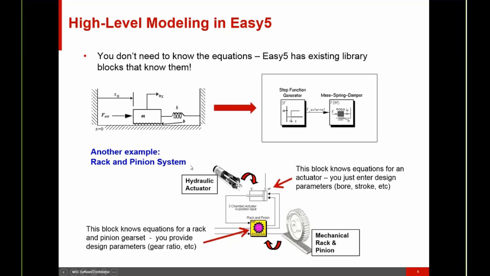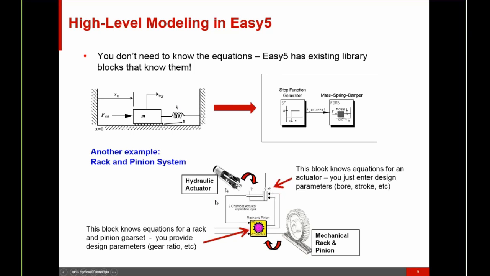Another example, we have a hydraulic actuator and a rack and pinion. Each of these are represented by a single Easy5 component, one for the hydraulic actuator and one for the rack and pinion. The connection lines represent the data flows between the two components.